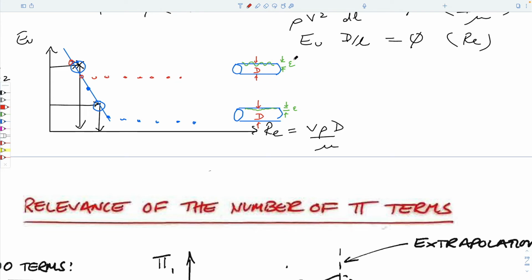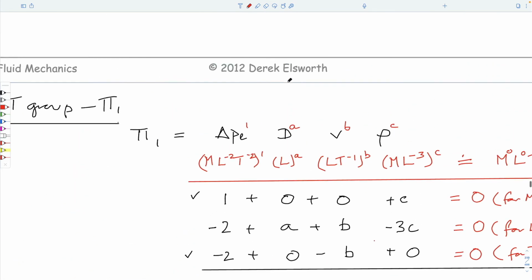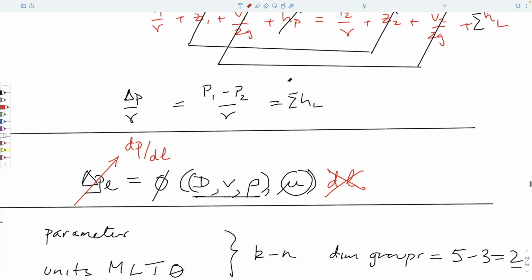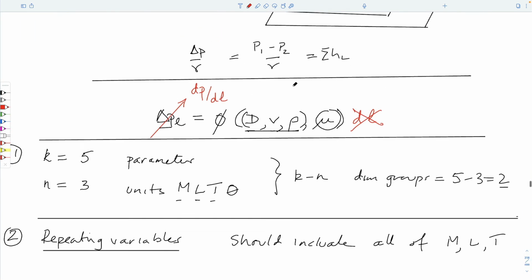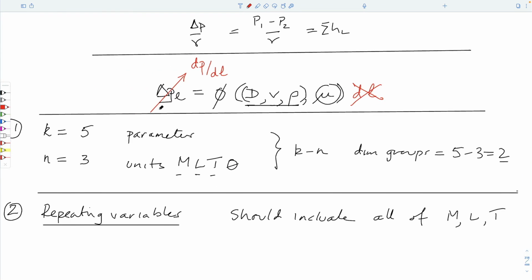And so we surmise all of a sudden that there's another parameter that makes some difference in our analysis. And that parameter is that instead of just being a function of pressure, diameter, velocity, density, and viscosity, this is pressure gradient, there's another parameter that belongs on the end.